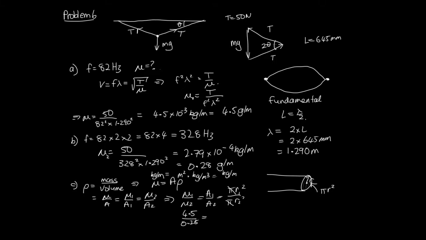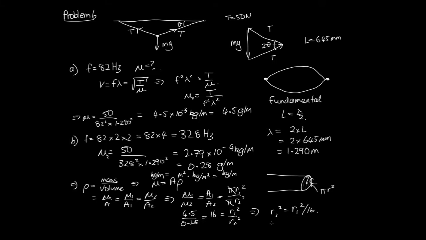Because this one here, we were multiplying by 4, which was going on the bottom, so it's effectively dividing by 16. So we'll end up with 16 is equal to r1 squared on r2 squared. So this tells us that r2 squared is equal to r1 squared over 16.